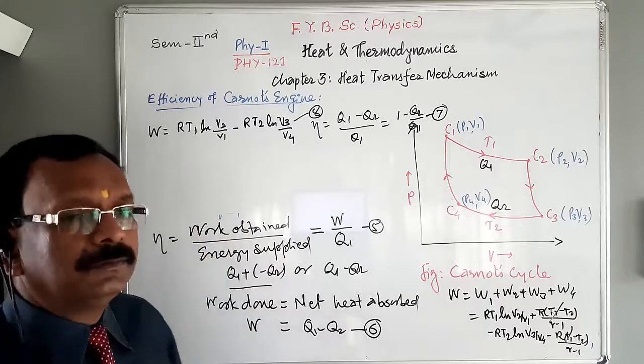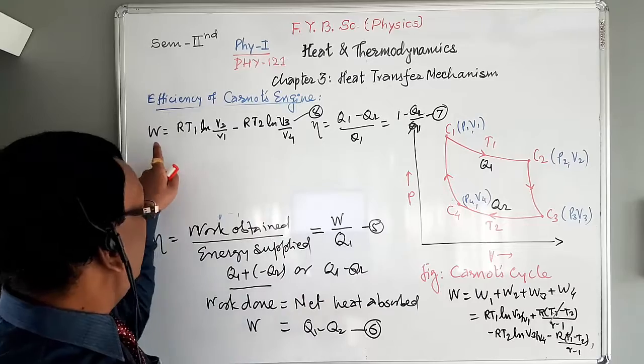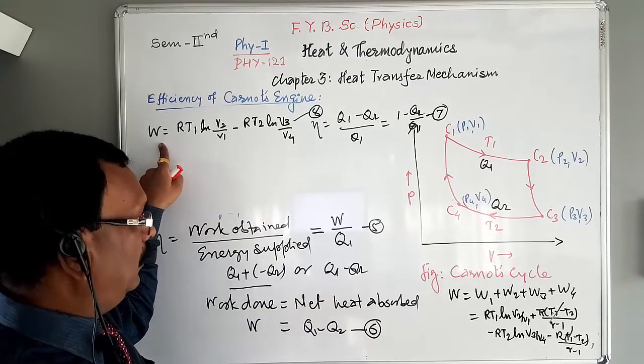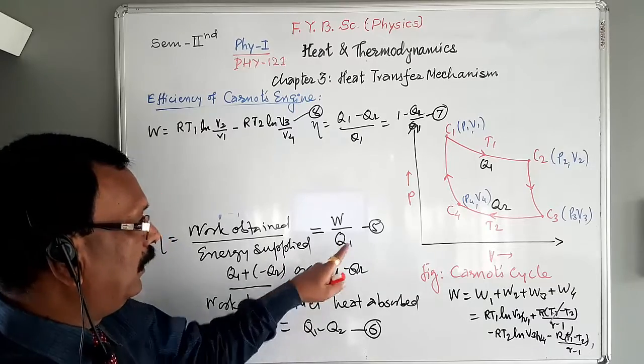Now, we have to substitute the value of work done W and Q1 in this equation 5.